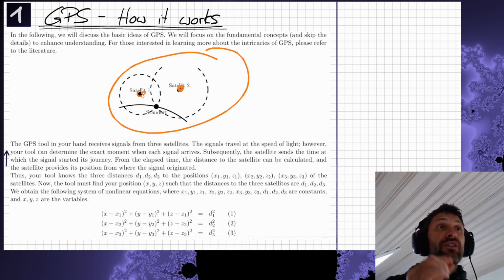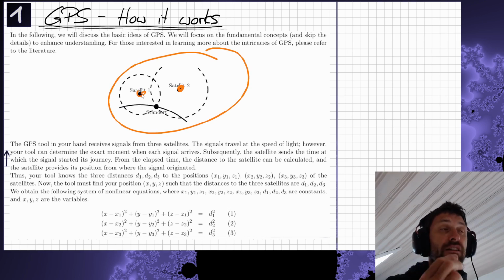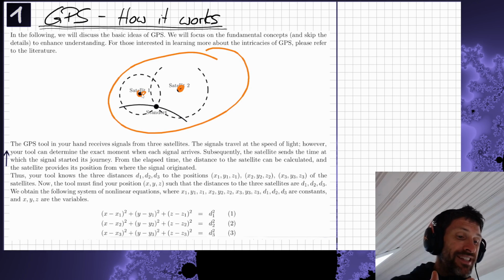How do we get the distance to the satellite? The point is that this satellite sends a signal, and it takes time until we can receive that signal. And this time lag is measured. The time which is needed to travel from the satellite to our position, this time lag tells us the distance to this satellite.